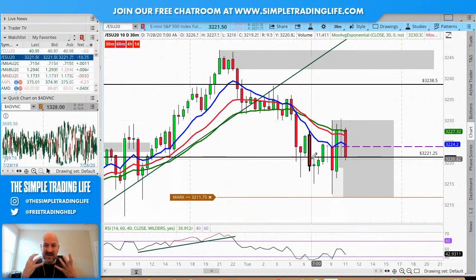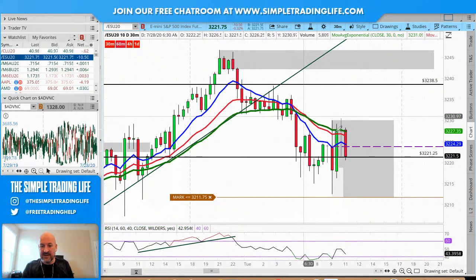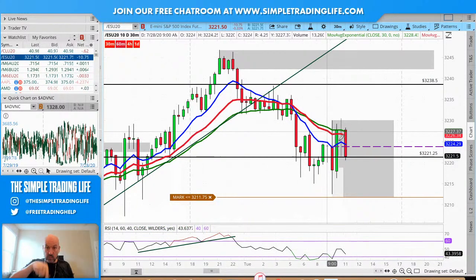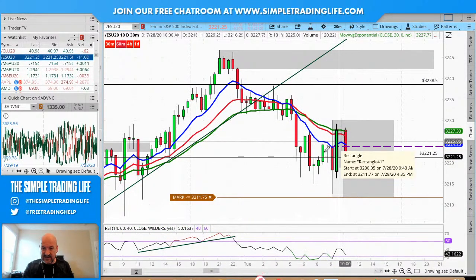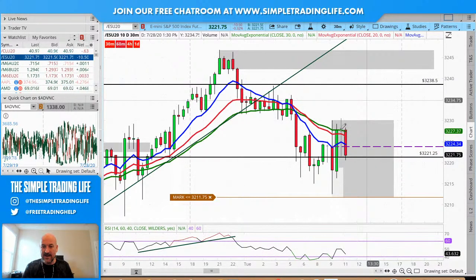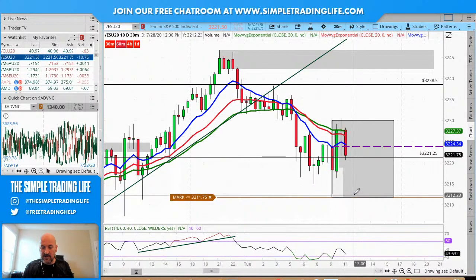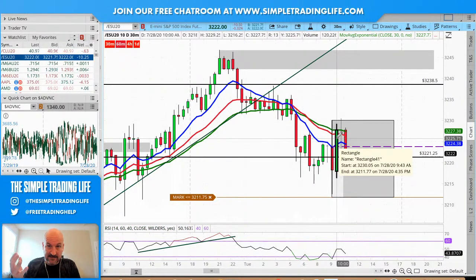I'm using my own vernacular here. And over here, price is just whipsawing back and forth, all tangled up in these moving averages. We want to see a strong break this way above, or a strong break this way below. That's for everybody, not just 4 Points Trader.